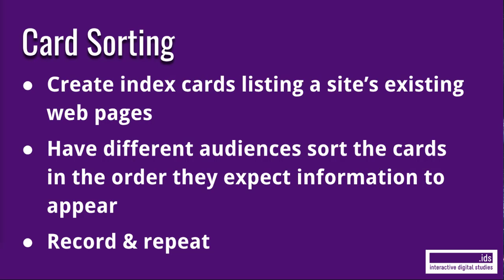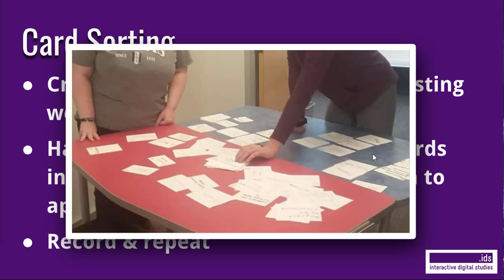The next part is to have actual potential users carrying out a card sorting exercise, which can usually take between 15 minutes to a half an hour, depending on the complexity of your site. In the card sort, your participant, which could be either an individual or a group, goes through the pile of cards on a big table and lays the cards out in the order that makes most sense to them.